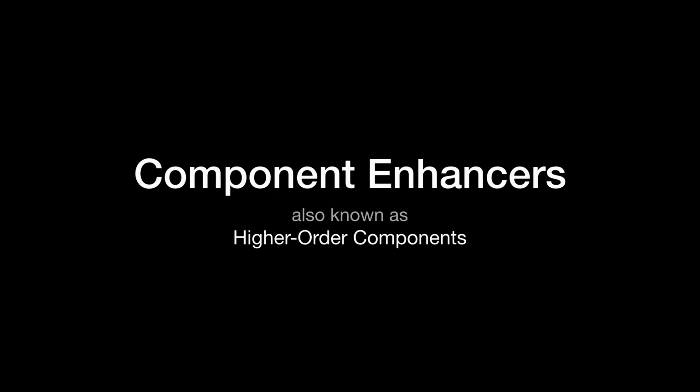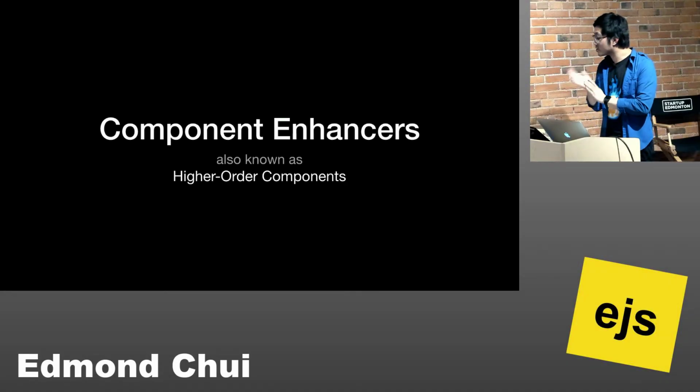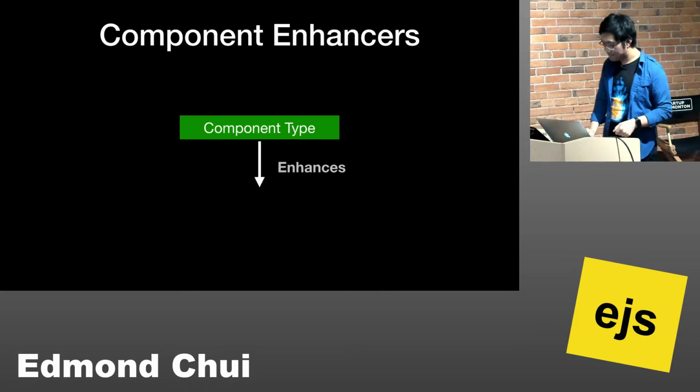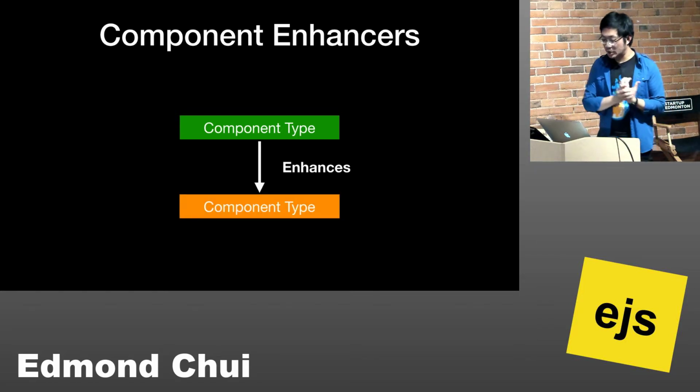If you know higher order functions, which is basically a function that takes a function as an input and outputs another function, higher order components is the same thing. I like calling them enhancers because that's what they do. They take a component type, enhance that into another component type.